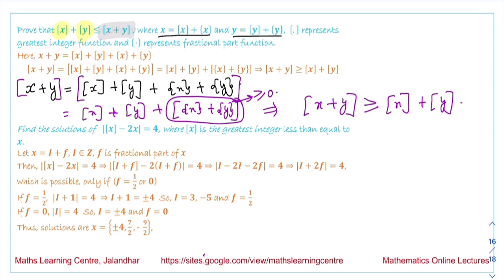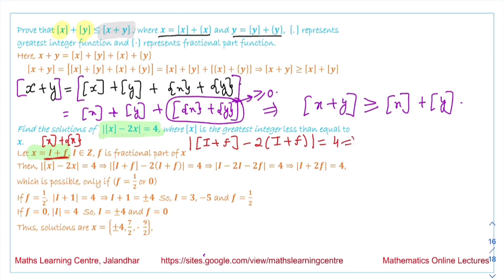Next we have to find the solution of mod of greatest integer of x minus 2x is equal to 4. So again we are assuming that x is equal to I plus f, where I is the integral part. You can write it as greatest integer of x plus the fractional part of x, or as I plus f. So this equation will become mod of greatest integer of I plus f minus 2 times I plus f, and that is equal to 4.